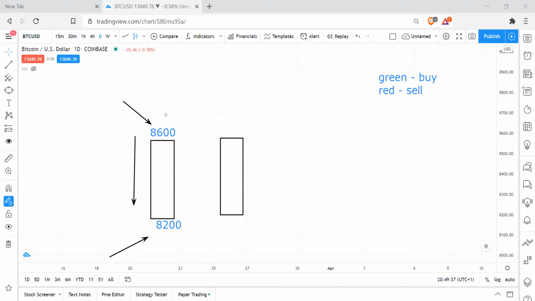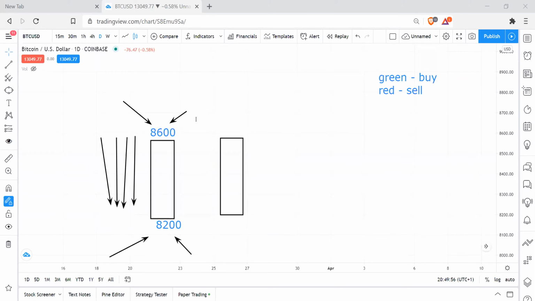Did the value increase or decrease? It went down a bit, it decreased. Meaning that price started off trading pretty high, and it ended up getting really low.